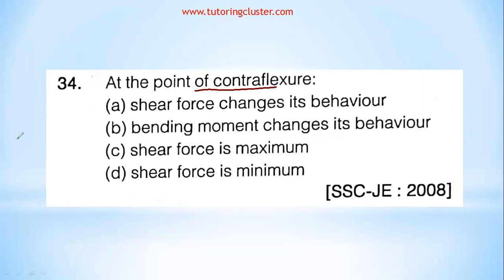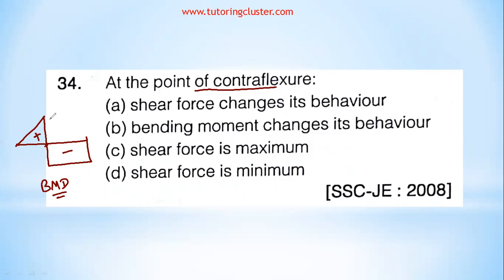For example, suppose you are getting such a type of bending moment. So suppose this is a bending moment diagram. So this is positive, this is negative. So it is going from positive to negative. That means it is changing its behavior.